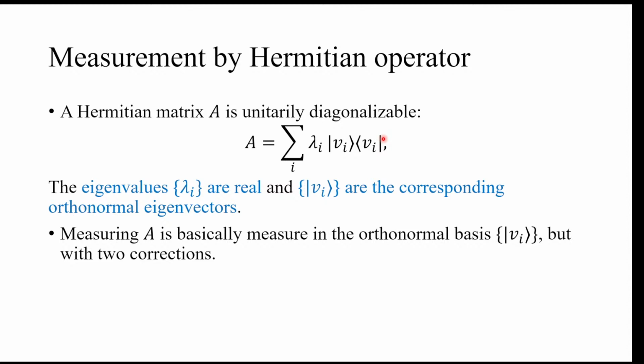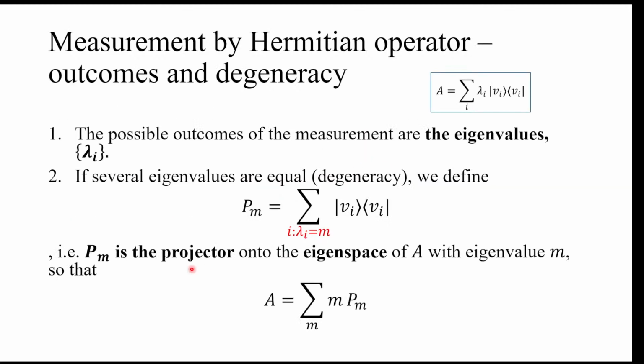So measuring A is basically measuring this orthonormal basis Vi, but there are two differences. The first is just syntactic: the outcome now we don't say is an arbitrary index i. The outcomes are just the eigenvalues, and they correspond to some physical number. And also something that might happen is there can be degeneracy.